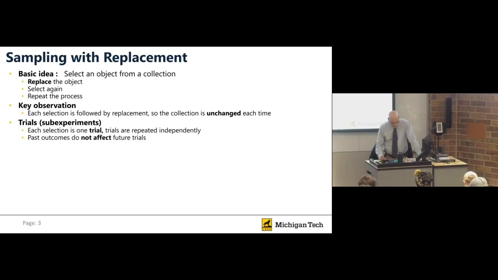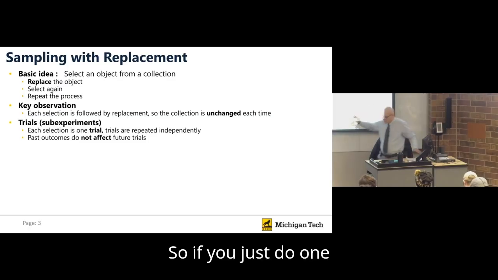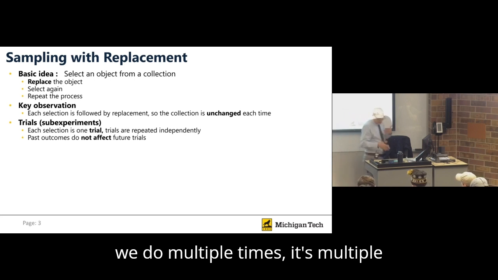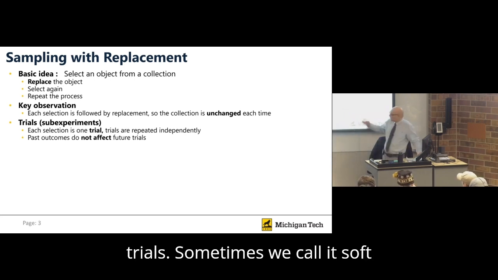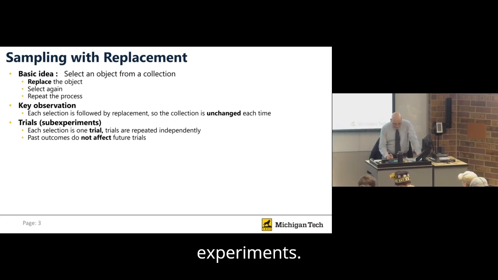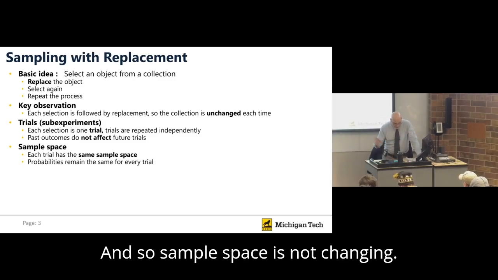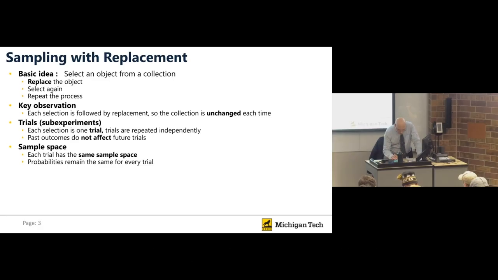So if we just do one time, it is one trial. When we do multiple times, it is multiple trials. Sometimes we call them sub-experiments. And so the sample space is not changing.